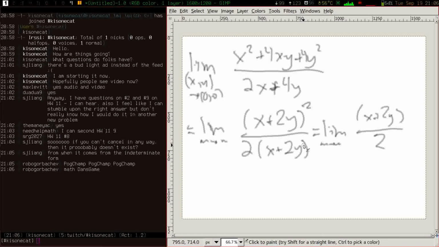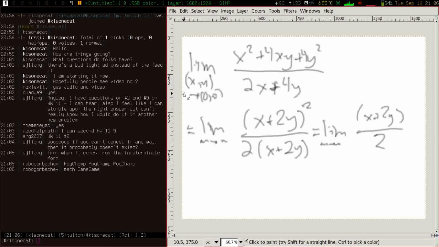But what's important here to think about is why these equalities are holding. So this first equality holds because this is exactly the same thing as this. This equality, however, holds not because this is the same thing as this, but because this thing is equal to this thing whenever (x, y) is close to but not equal to (0, 0).